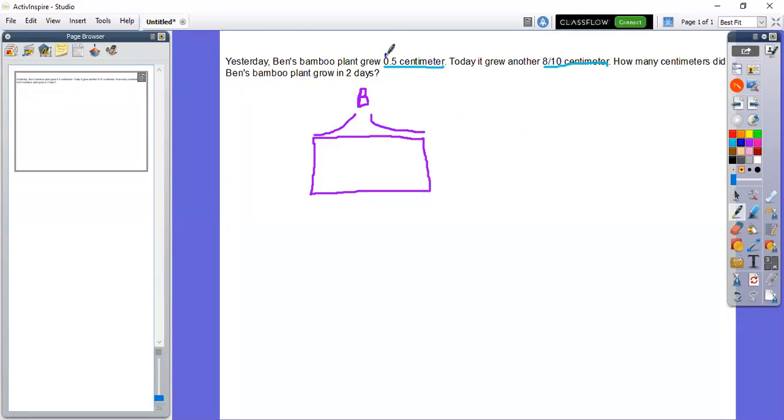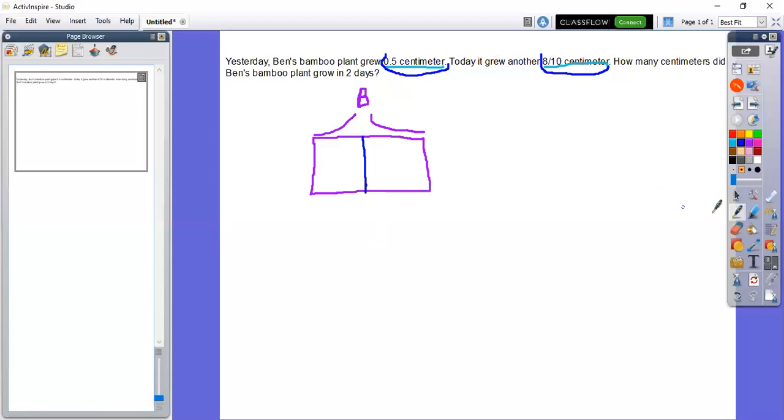Okay, so I'm going to have to split my diagram into 2 parts. Yesterday it only grew 0.5 of a centimeter. And today it grew 0.8 of a centimeter. So we know that 0.8 is bigger than 0.5. So am I just going to divide this in half? No, because we have to show the different sizes. So I'm going to make one side a little bigger than the other.